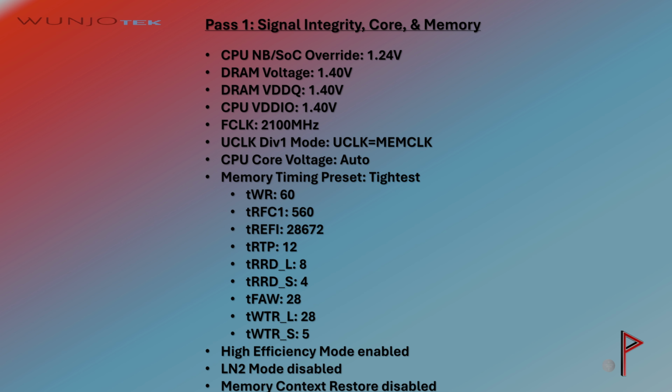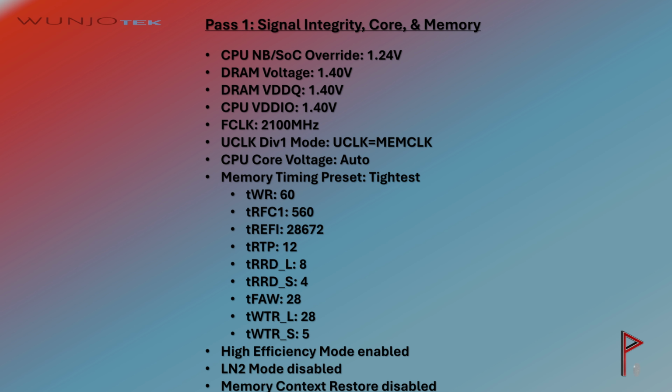FCLK dictates how fast data moves between the CCD and the IOD. So you've got a CCD and an IOD on the 9800X3D. The CCD is where your stacked L3 lives. The IOD is your IO die, which is the hardware domain of the signal integrity.